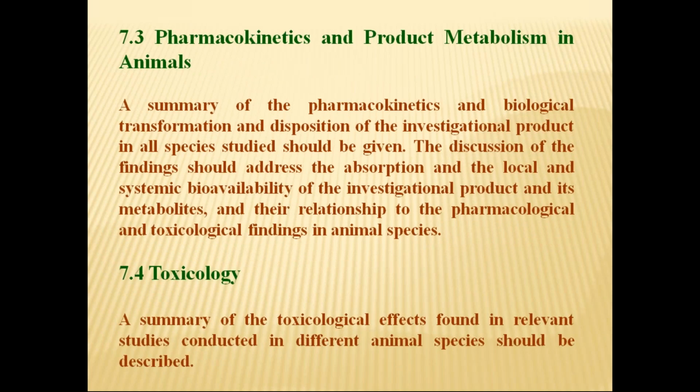7.3 pharmacokinetics, product metabolism. Summary of kinetics, biological transformation, disposition of the product, studied in animals, like species studies should be given. The discussion of the findings should address absorption, local and systemic bioavailability of the product, metabolites, relationship with the pharmacological and toxicological findings.